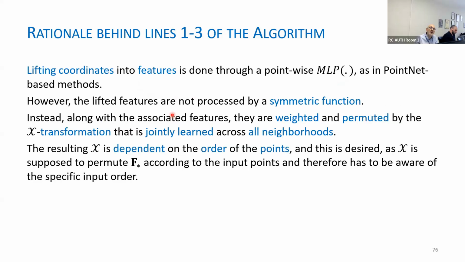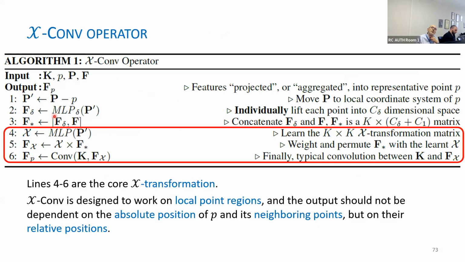But in any case, this operation is important to increase the dimensionality of the original coordinates. We normally pass from a 3-dimensional space to a higher dimensional space, as we did, for example, in PointNet. Remember, we have points and we apply an MLP independently to each point to increase the dimensionality. Here we do more or less the same thing, and this way the coordinates are also more comparable with the features.